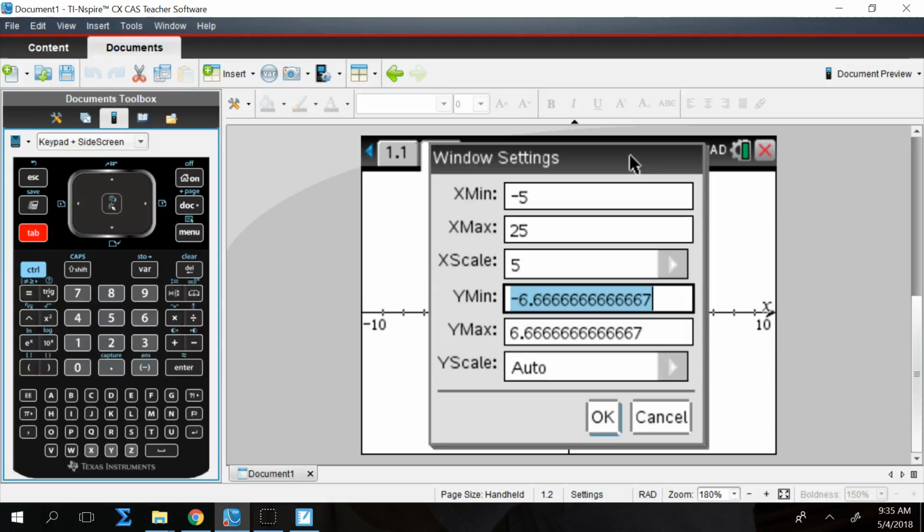Y min? I don't have to really see the bottom, but I do like to see my axes. And how high do I need to go? I need to go to at least 1,000 because 1,000 in thousands is 1 million. So let's go up to 1,100, and we'll go here by hundreds.